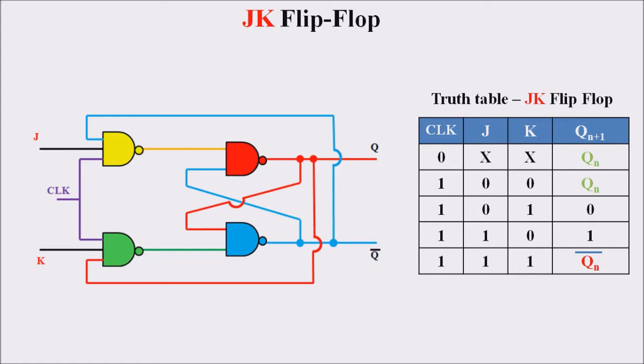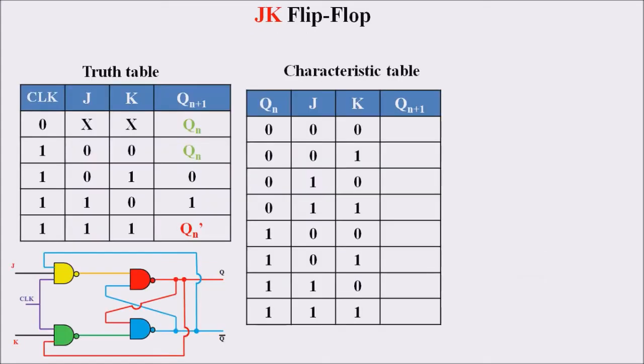In this lecture, we are creating the truth table, characteristic table as well as the excitation table for the JK flip-flop. If we analyze the truth table of the JK flip-flop, if the clock is equal to 0, then whatever be the input of J and K, the output will be Qn, that is the previous state.